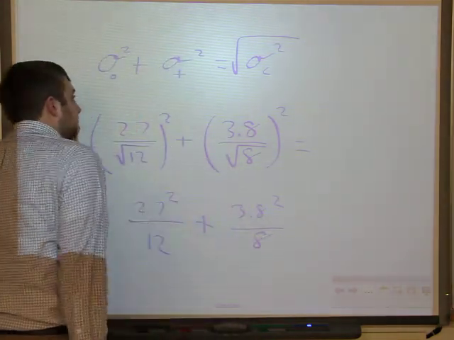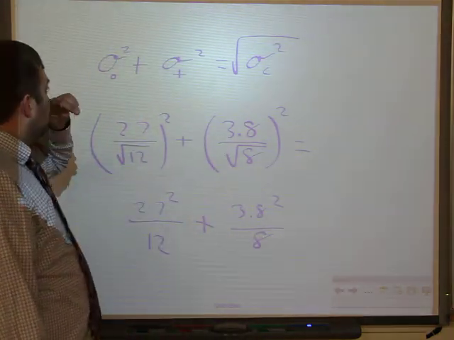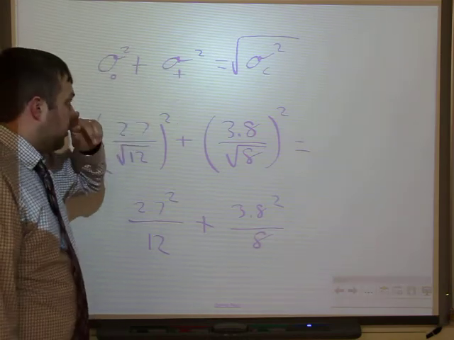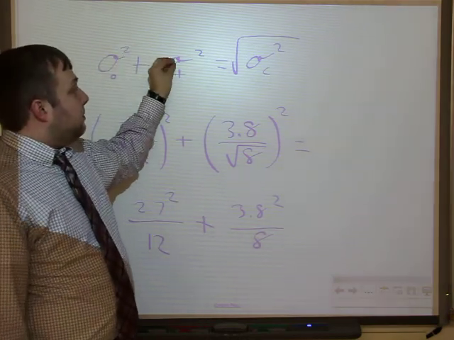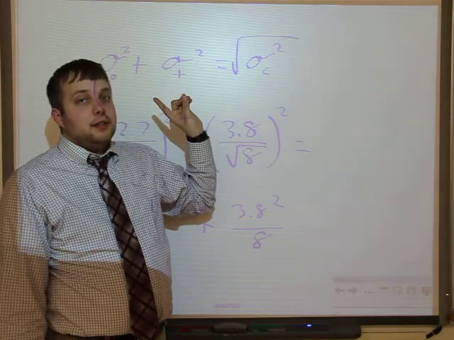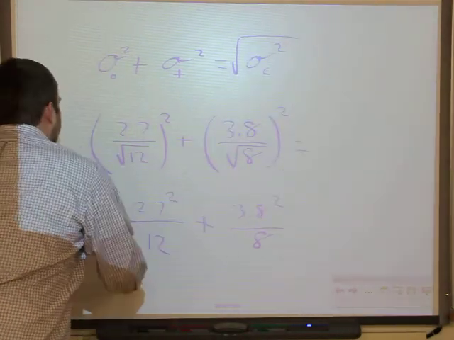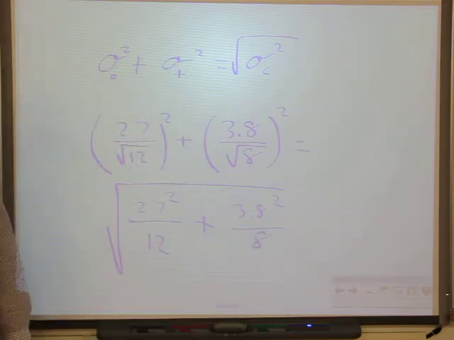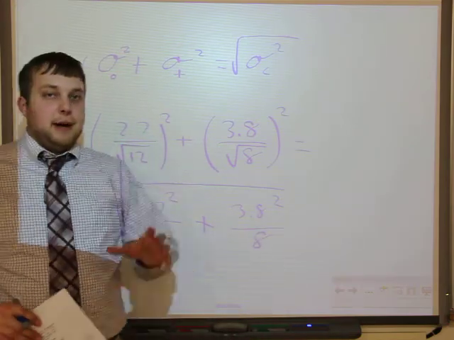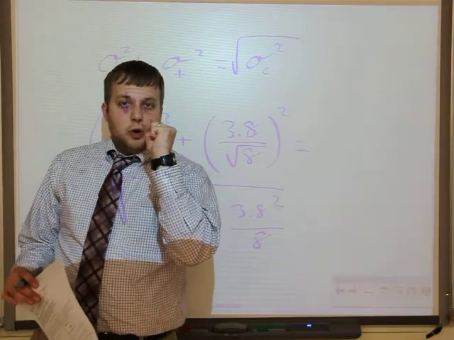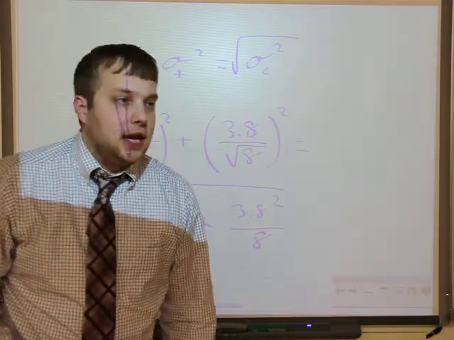Finally, what was that last thing I had to do? Not only did I have to square them both, which would combine them, but to top it all off, I have to square root it. So that is going to be our new formula for when I want to combine or find the difference of standard deviations.